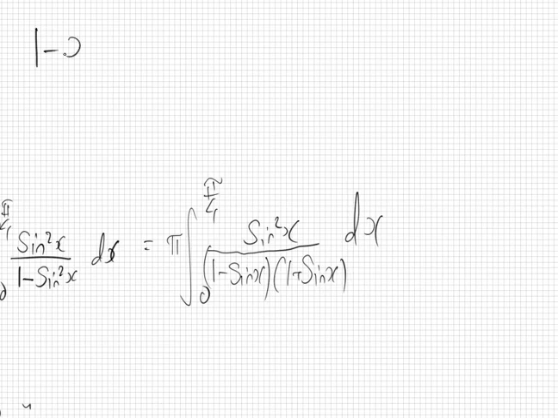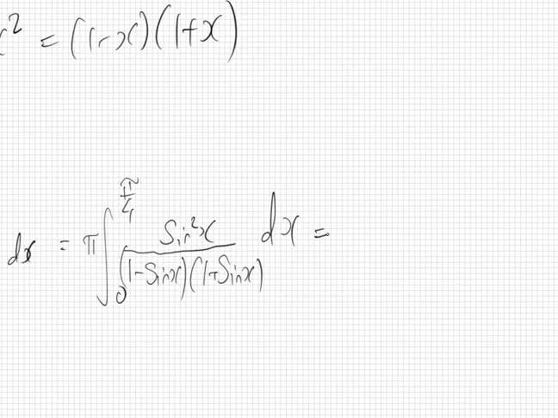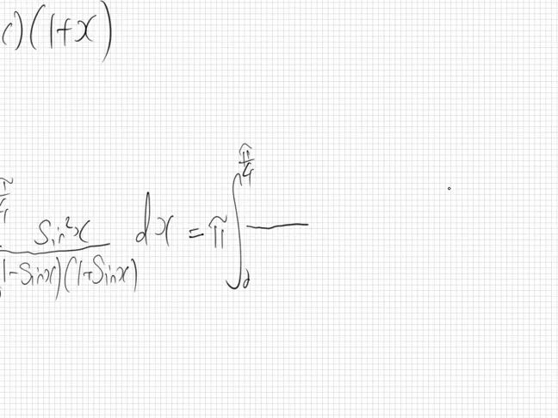Remember, 1 minus x squared, it's like a quadratic, 1 minus x, 1 plus x. Let's use my best partial fraction power here. I'm curious if I can try and guess the A and the B without having to go through the trouble of long division.